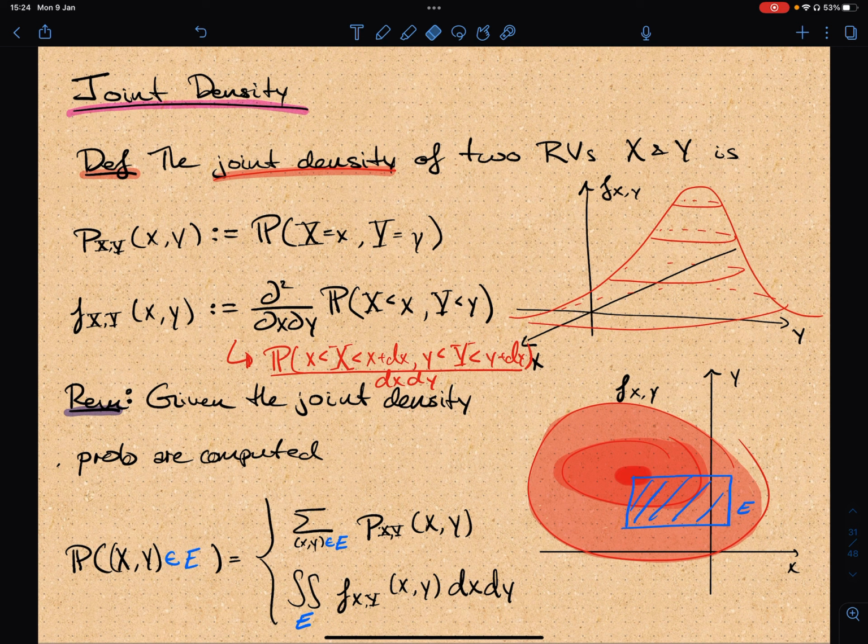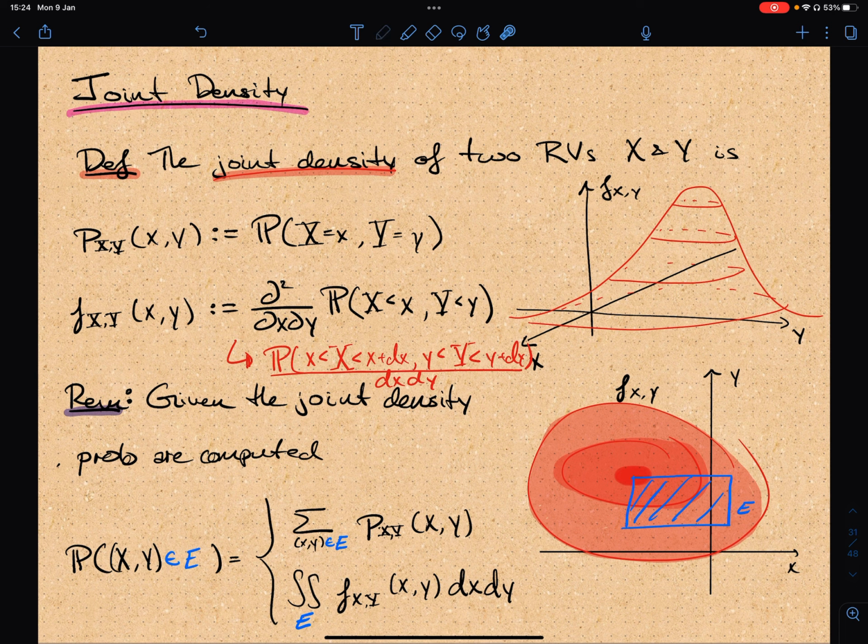And when you think about this probability density function, you can think about it two ways. One is that this is going to be a function that depends on two variables x and y, and it's going to be a non-negative function, some type of bump function.